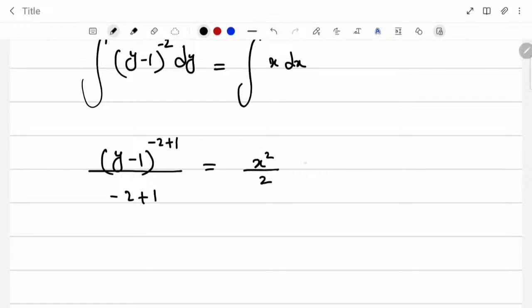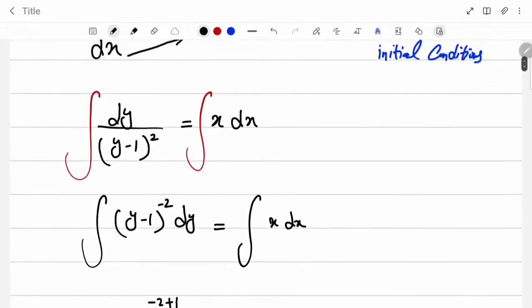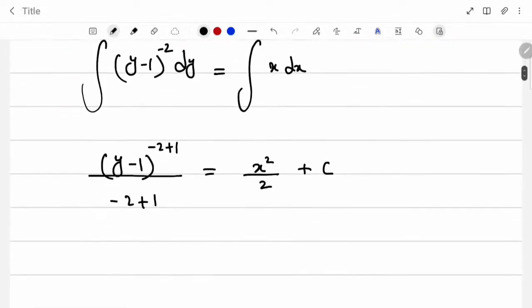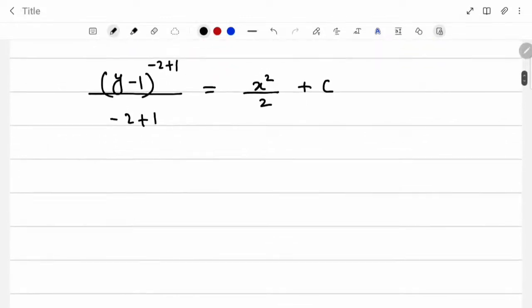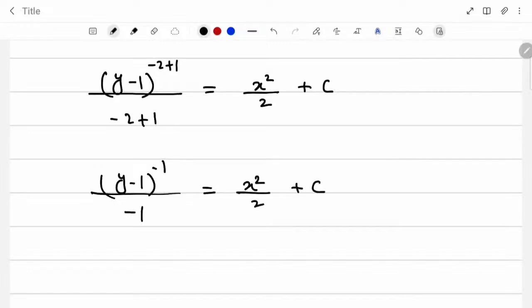And don't forget to mention c, and this is where we have to use the initial condition. So can I write it as (y minus 1) to the power minus 1 equals x squared by 2 plus c?